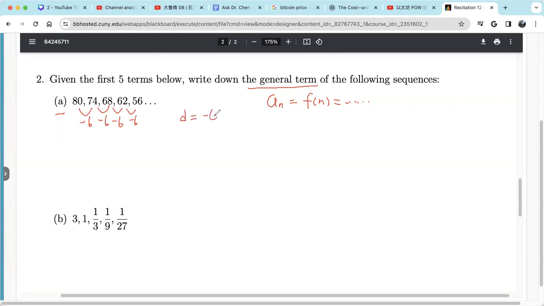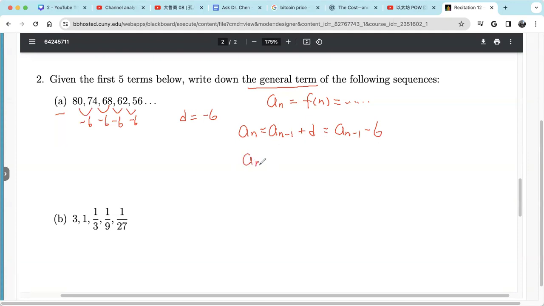It's -6. Which means the nth term is just the previous term, the n minus 1 term, plus d. But in this case, it's plus -6. You can write it as: the previous term subtracting 6 will be the current term.